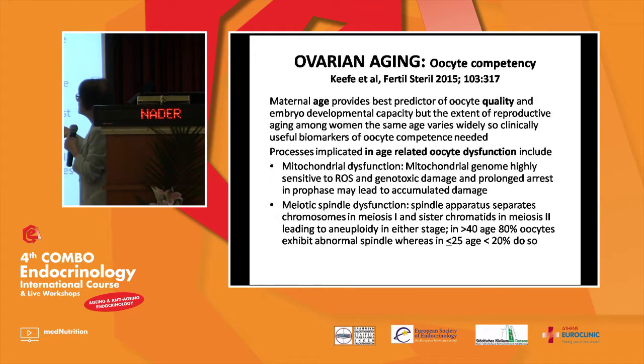So what Dr. Keith et al. talked about in this brief paper or review were the processes implicated in age-related oocyte dysfunction. And they listed the things that could be affected. Mitochondrial dysfunction.